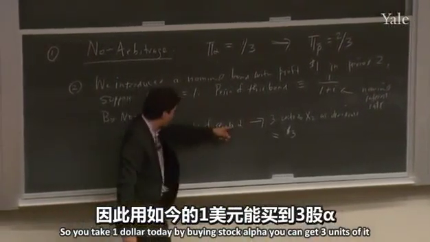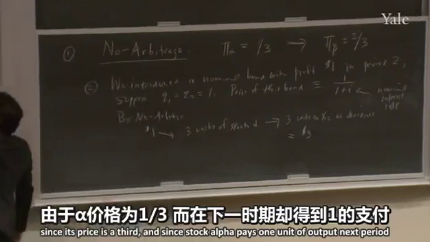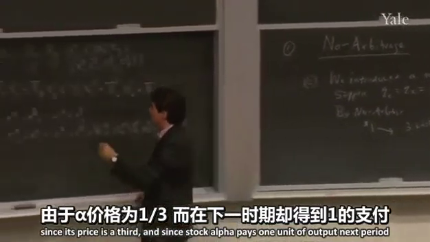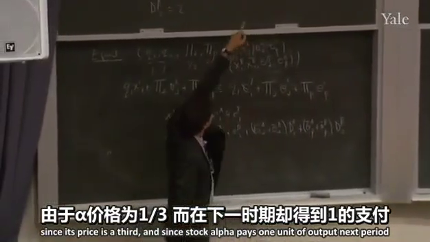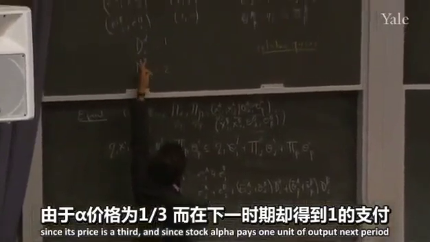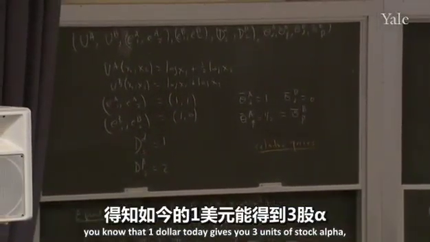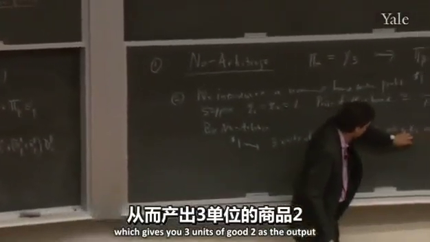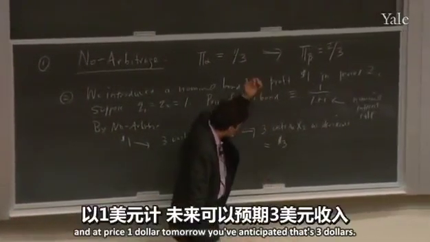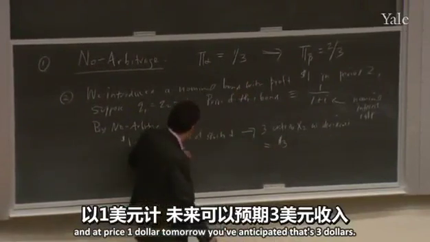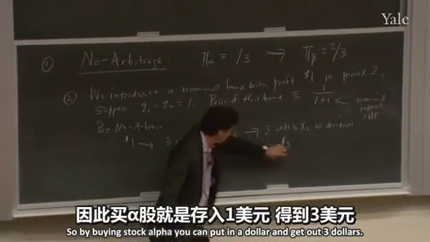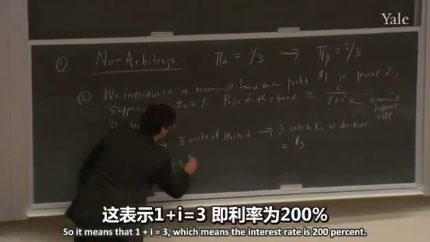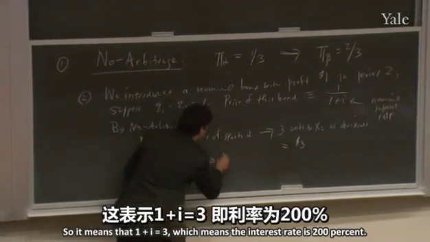By buying stock alpha, you can get 3 units of it since its price is 1/3. And since stock alpha pays 1 unit of output next period, you know that $1 today gives you 3 units of stock alpha, which gives you 3 units of good 2 as the output. And at price $1 tomorrow, you've anticipated that's $3. So by buying stock alpha, you can put in $1 and get out $3. So it means that 1 plus I is equal to 3, which means the interest rate is 200%.